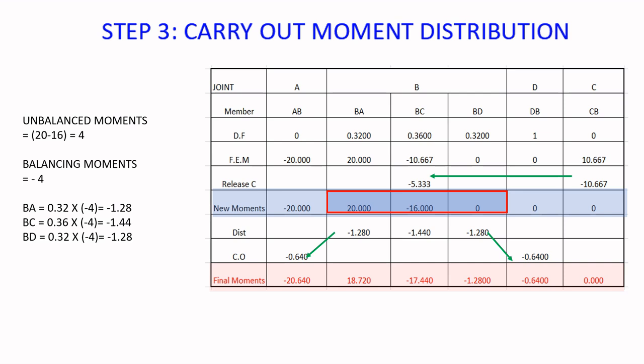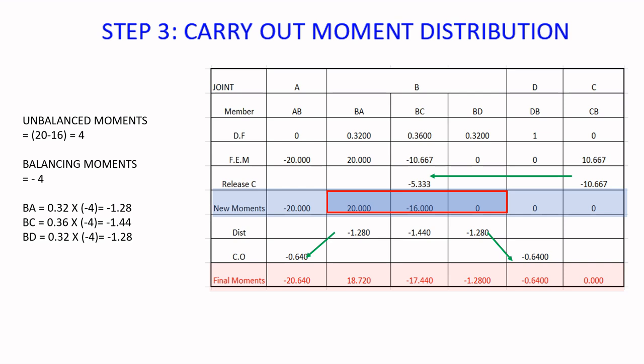So half of negative 1.28 for BA goes to AB as negative 0.64, and also half of the balancing moment at BD, negative 1.28, goes to DB as negative 0.64. So there is nothing else to distribute. There is no out of balance moment. So whatever now remains is to compute the final moments.